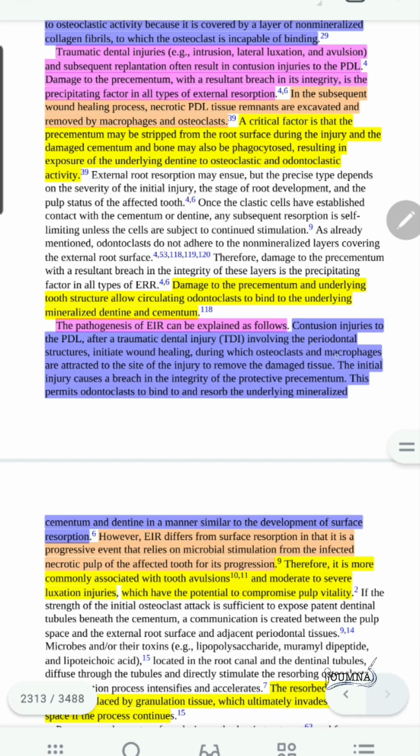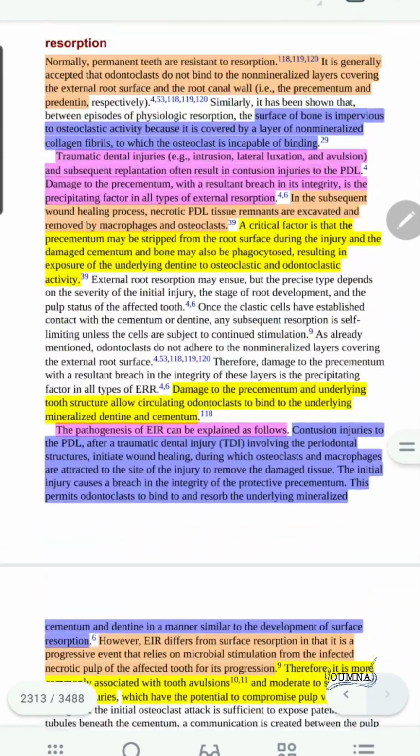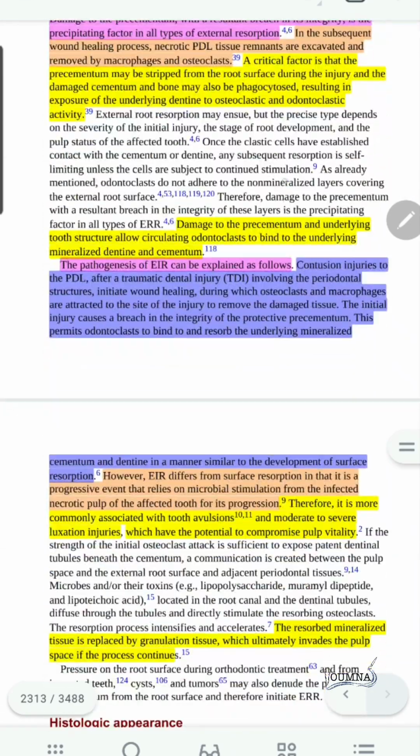When they come, this injury, we said before, the luxation, the intrusion, the avulsion, causes a breach in the integrity of the protective pre-cementum. This permits the odontoclast to bind and resorb the underlying mineralized cementum.